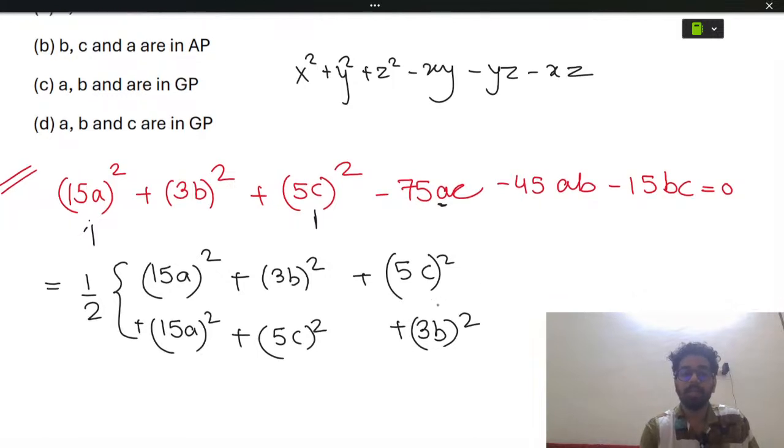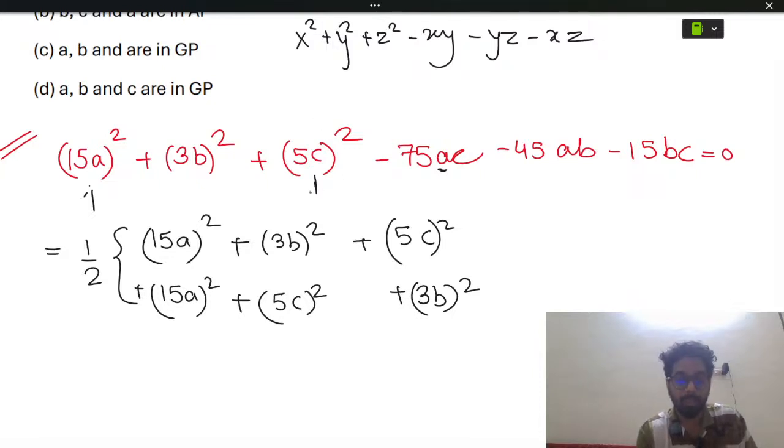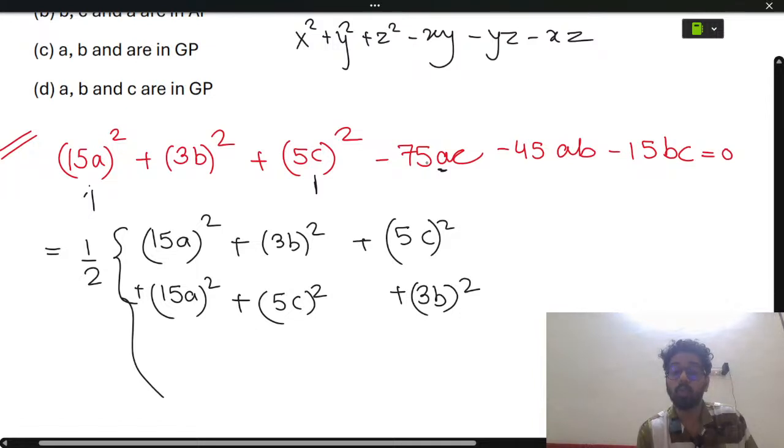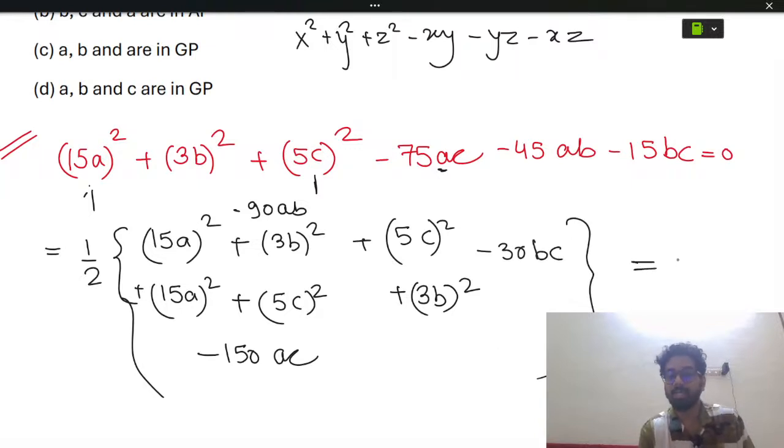Okay, now here minus 75c. Now you understand this part. Okay, minus 75 into 2 obviously, so minus 150 AC. I'm writing over here minus 9, this is multiplied to, so minus 90 AB, so I'm writing minus 90 AB over here. And minus 30 BC, so I'm writing minus 30 BC over here. And we are saying this is equals to 0.